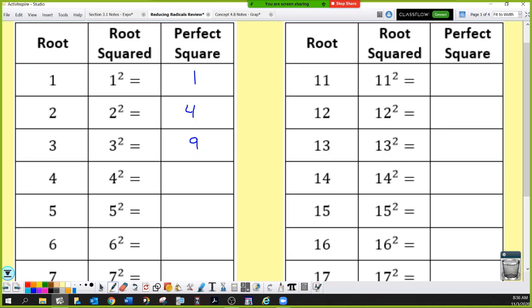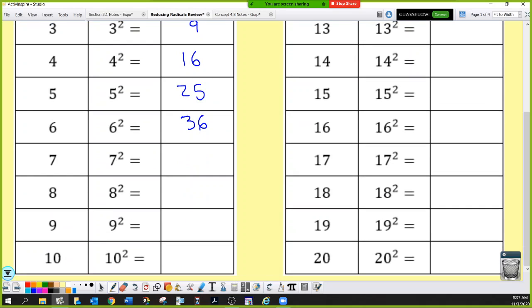4 squared, 16. 5 squared, 25. 6 squared, 36. 7 squared is 49. 8 squared, 64. 9 squared is 81. 10 squared, easy, a hundo.